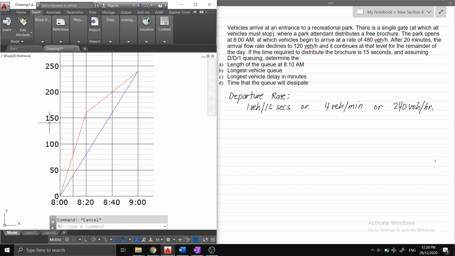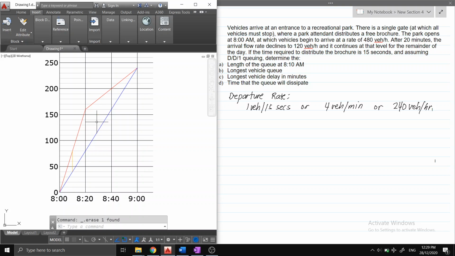So, the next question naman is the longest vehicle queue. Hahanapin nyo lang kung alin yung pinakamahabang distansya na patayo ng graph ng arrival rate at ni departure rate. So, kung titingnan natin yung graph natin, ito yung linyang yan. Longest vehicle queue. Gawin natin color green.